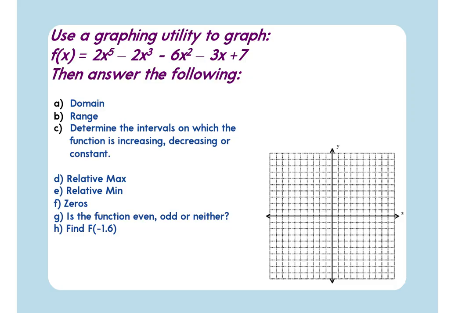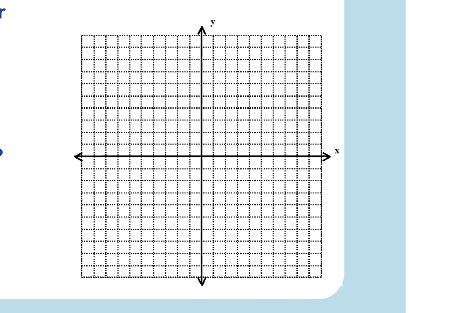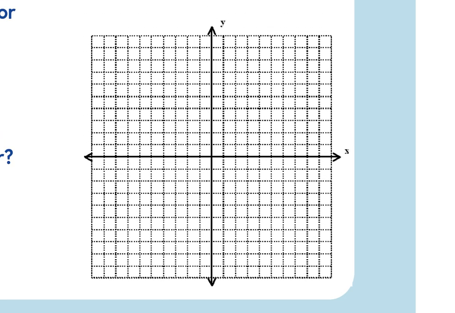So when I draw y equals 2x to the 5th minus 2x to the 3rd minus 6x squared minus 3x plus 7, and I graph it, my graph looks something like this.